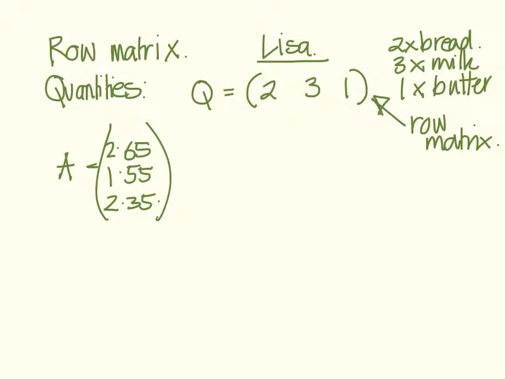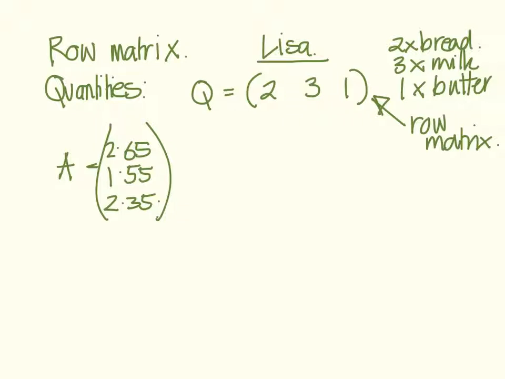Now just remember, as I said before, at the top here we've got our bread, which relates to the first item there. The second one down relates to the second one across, and the third one down relates to the last one there.